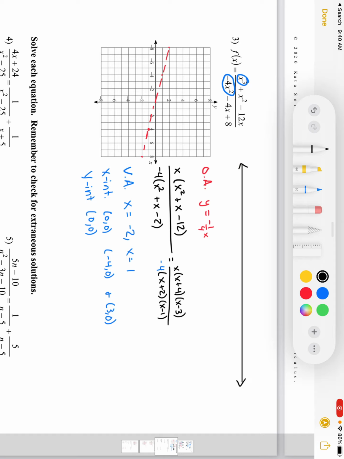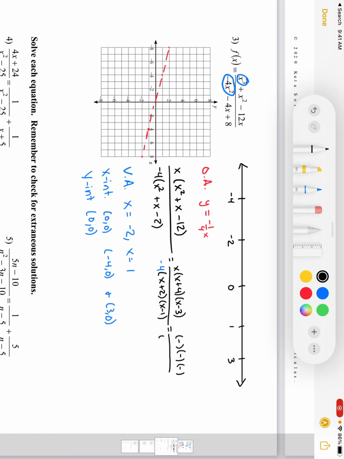So now we can plot our first x-intercept, which is -4. Then we get -2. And then we have 0, 1, and 3. If we choose some value less than -4, we're going to get negative times negative times negative.